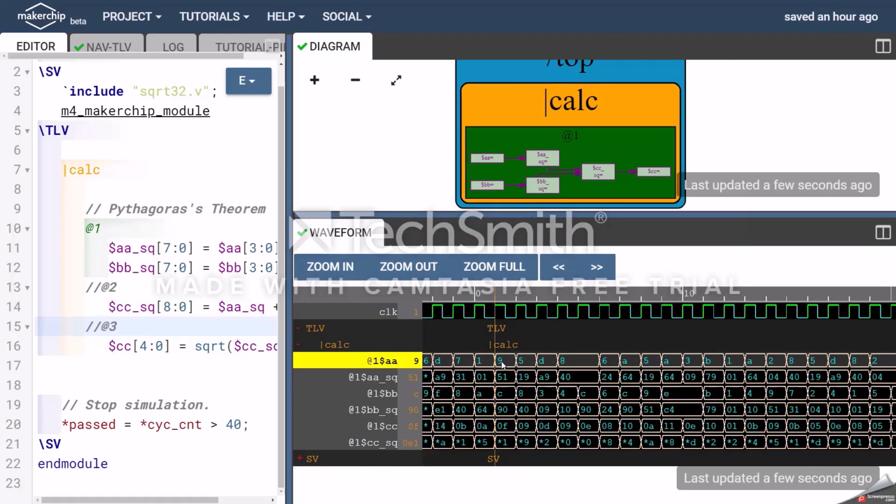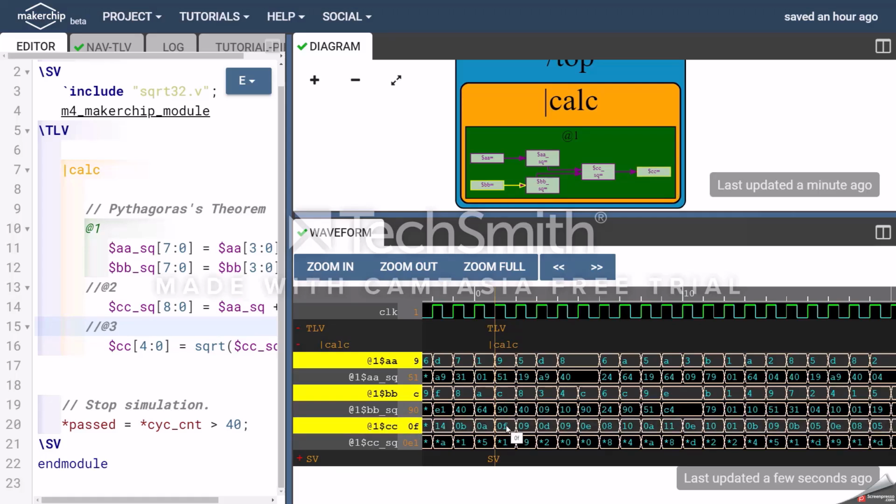Here I've got an A value of 9, I've got a B value of C, and remember in the waveform viewer the values are represented in hexadecimal. In hexadecimal a value of C is 12. So the triangle that's 9 by 12 results in a C distance of F.